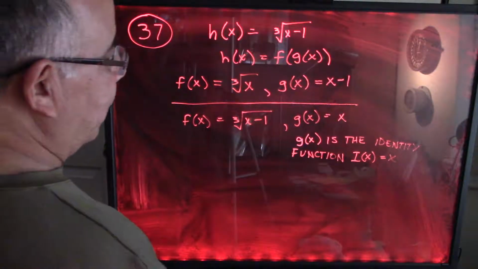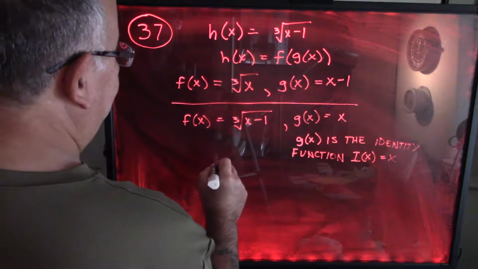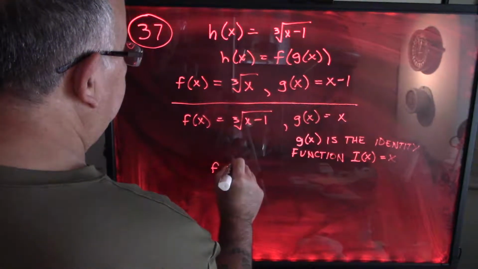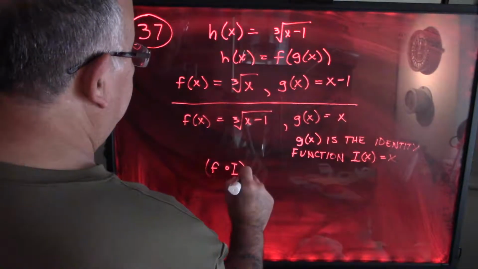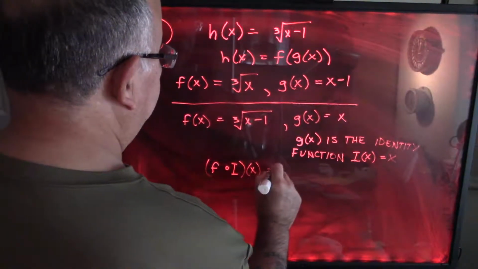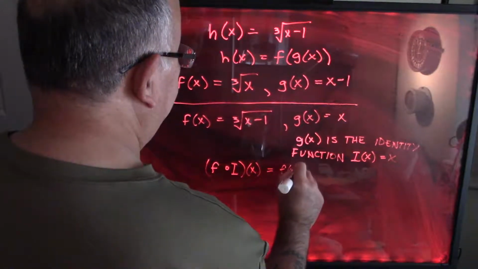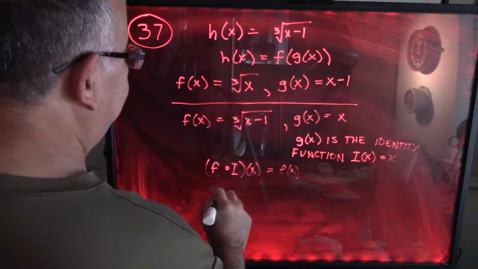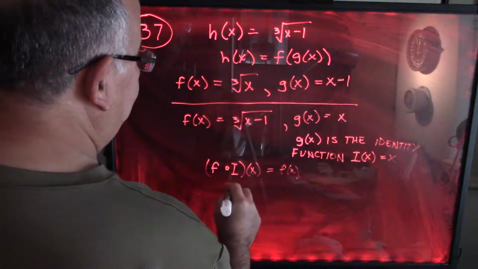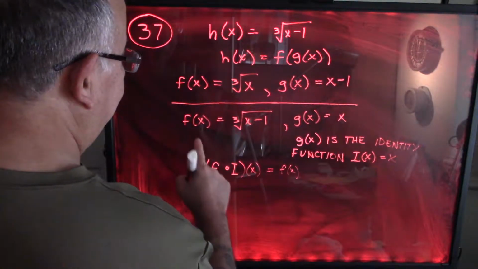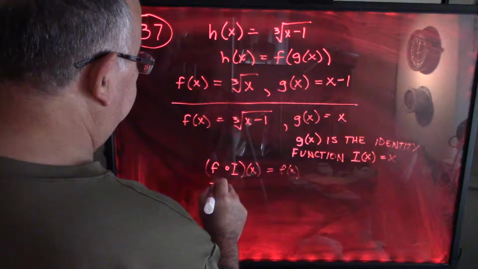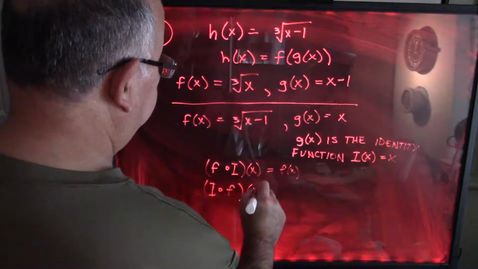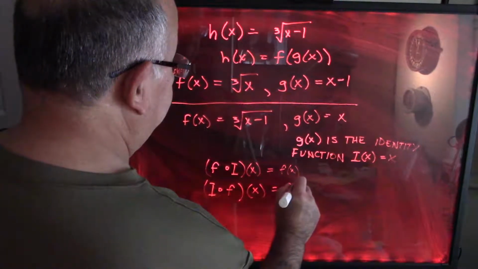So what you have here is f composed with the identity is the same as f of x. You could do that the other way too. You could take the identity function and then compose that with f, and get f back again.